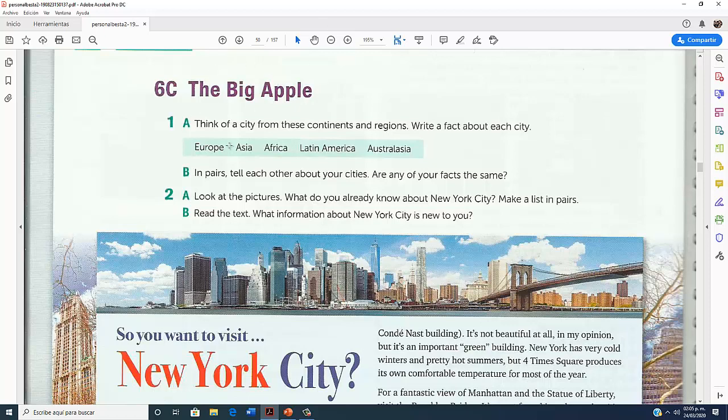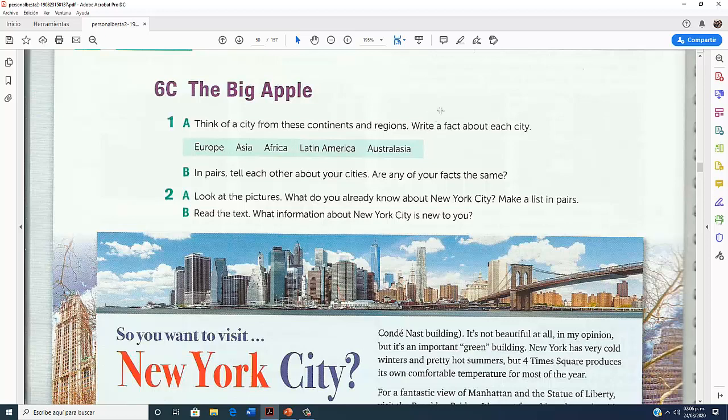New York, yes. New York, it's also known as the Big Apple, yeah? Here it says, think of a city from these continents and regions. Write a fact about each city. Remember, what is a fact? A fact is some real information, okay? Some real information about something or about someone.